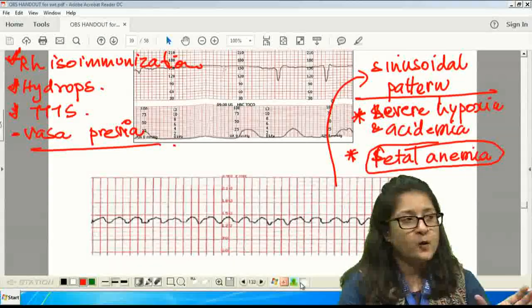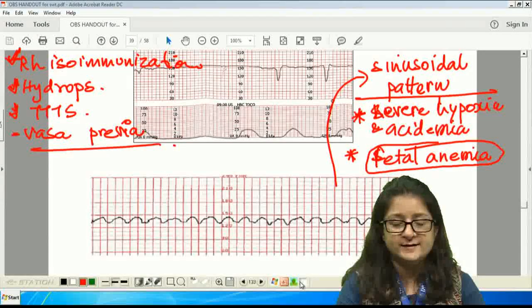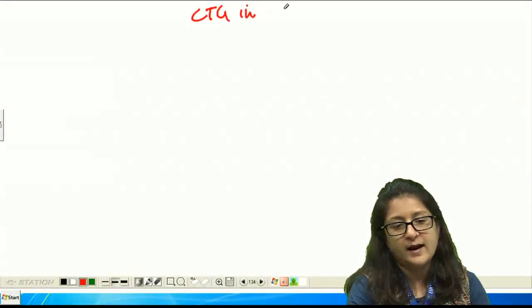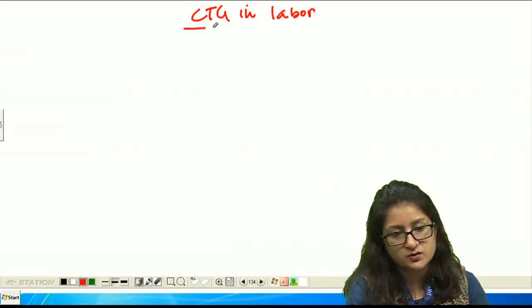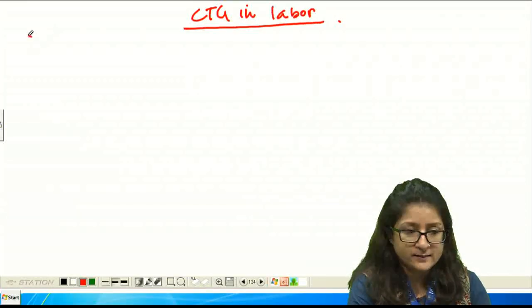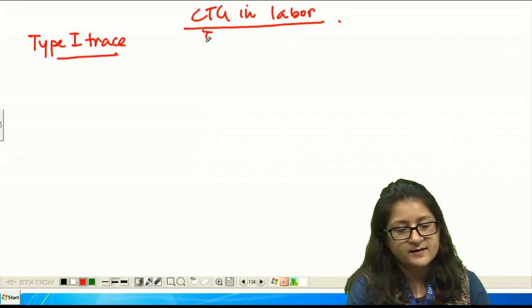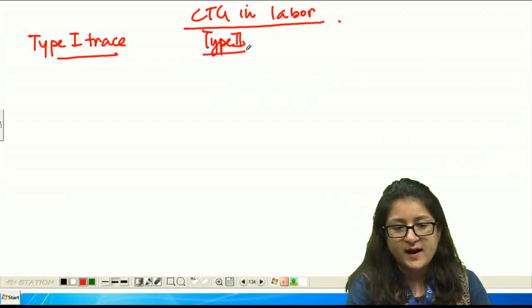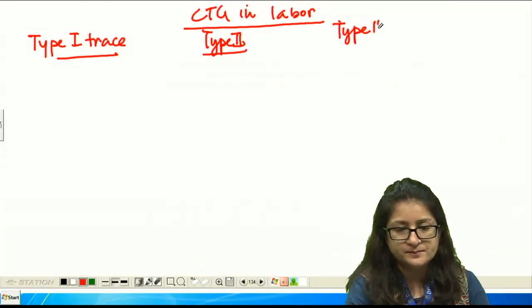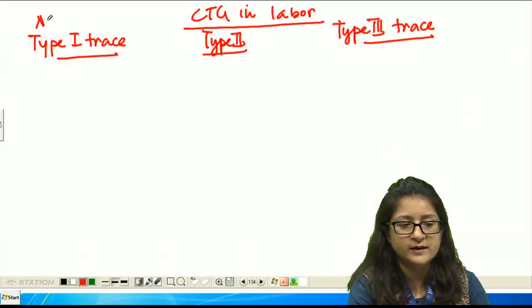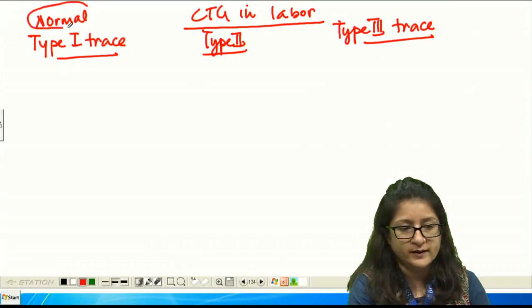Whenever we are doing cardiotocography in labor, we are always seeing what kind of trace it is. To answer clinical questions based on CTG in labor, we should remember that there is a type 1 category trace, a type 2 trace, and a type 3 trace. Type 1 is absolutely normal, very reassuring.